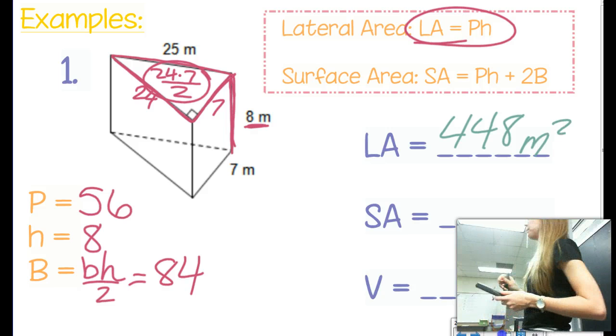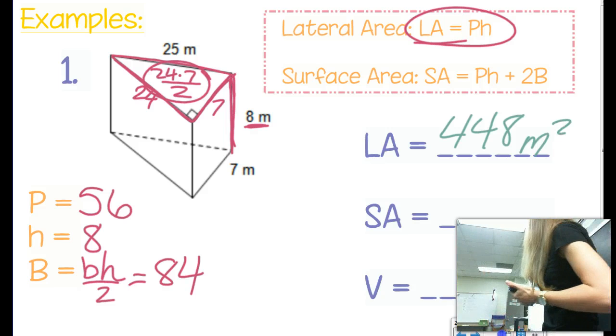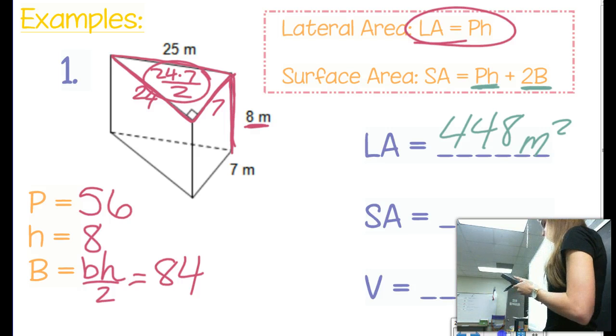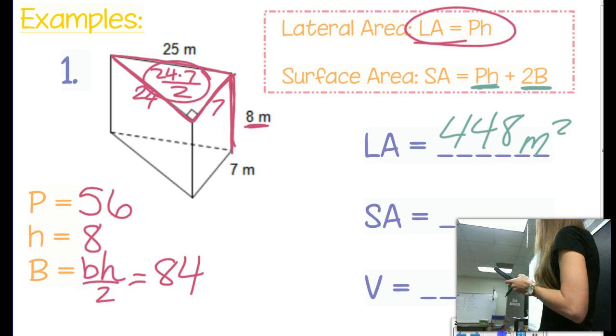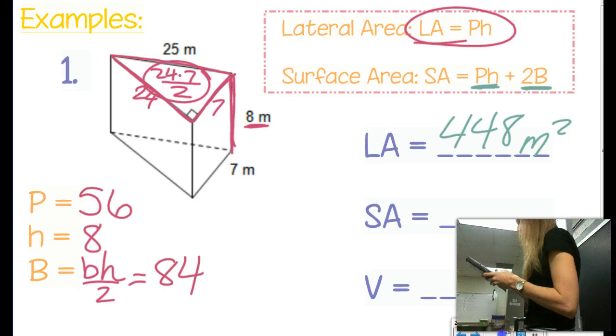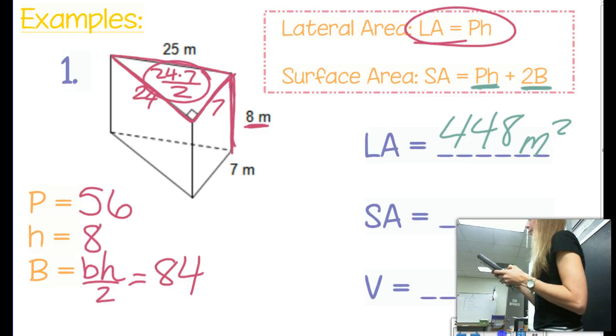Meters squared. Now, surface area is take that number you already found and add 2 of your B's. So you're going to take 448 and add double 84, plus 2 times 84. 616.